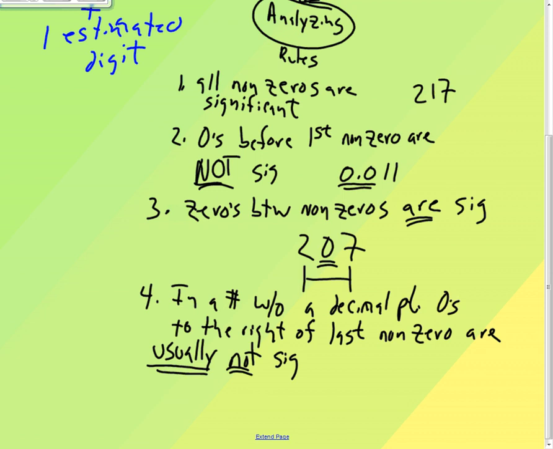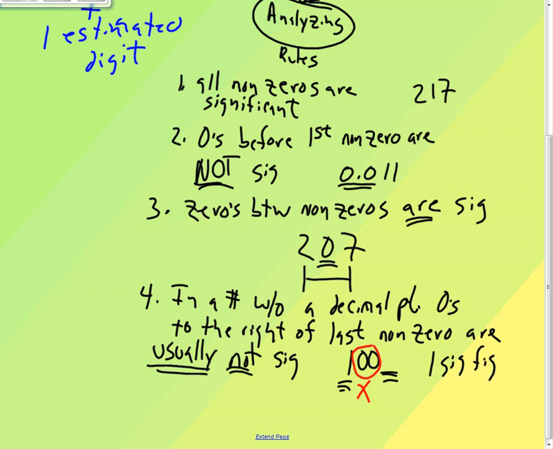So in a number like 100, first of all, there's no decimal, right? My last non-zero is 1, and where are my zeros? These guys are to the right of my last non-zero, so that means they are not significant because there's no decimal. So how many sig figs do I have here? I have 1 sig fig.